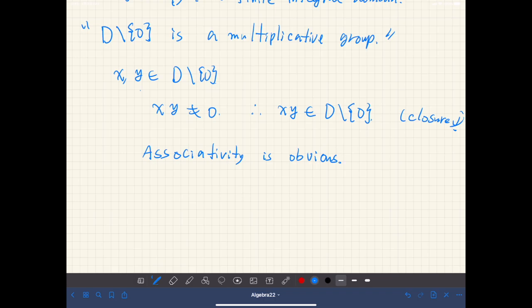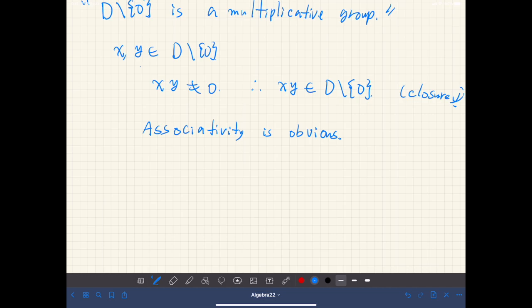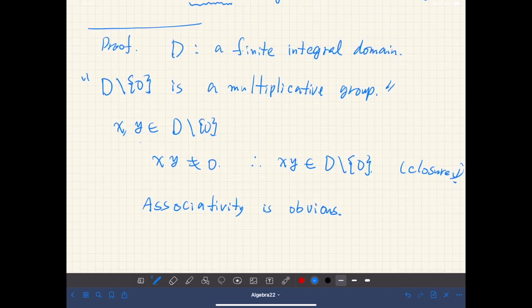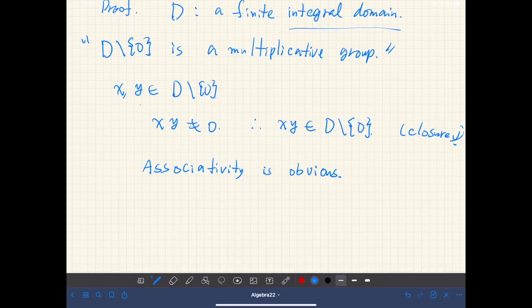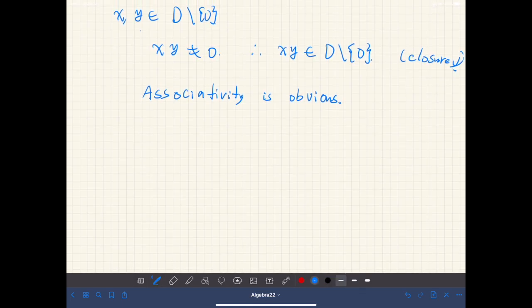And what we need to show is the existence of the identity element, but that is okay because it's an integral domain, so there is an identity element. And the last thing we need to show is the existence of inverse elements.